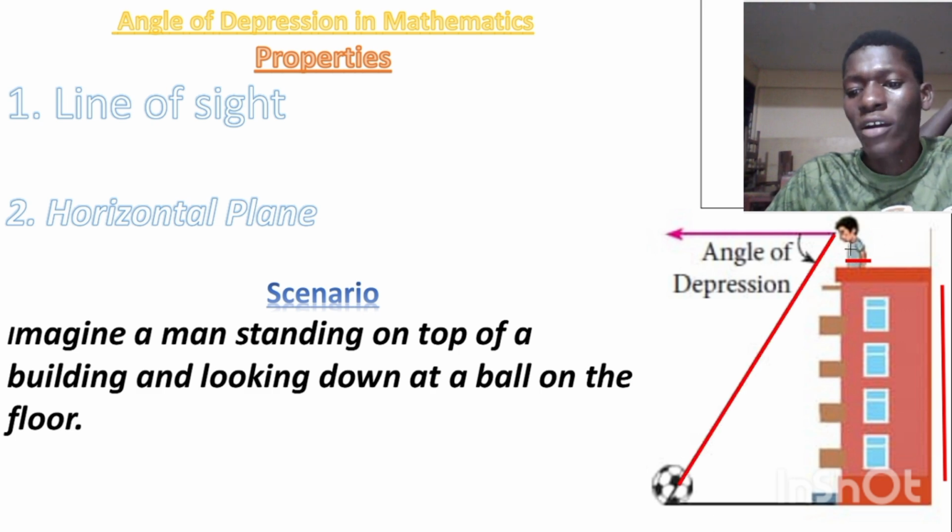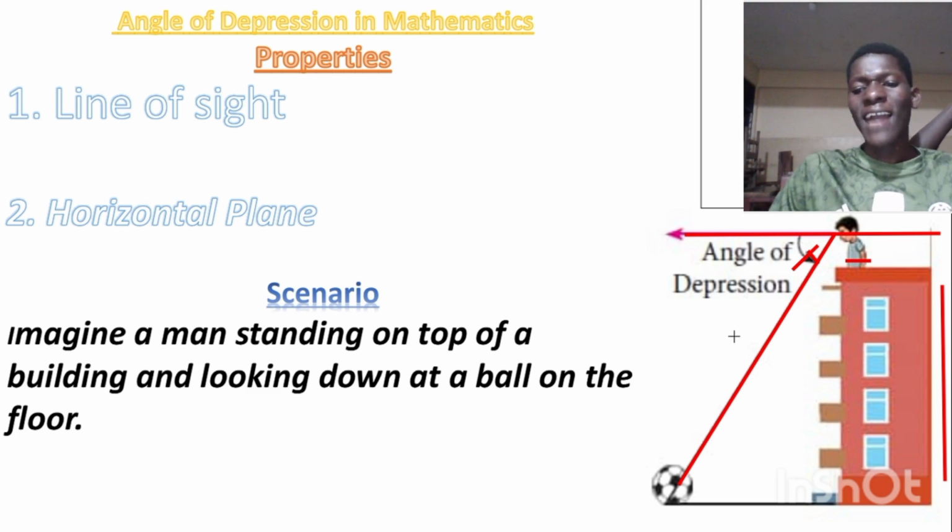And this is the horizontal line that passes through his eye. You get it? So the angle that is formed between the horizontal line and the line of sight is the angle of depression. So this is our angle of depression here.